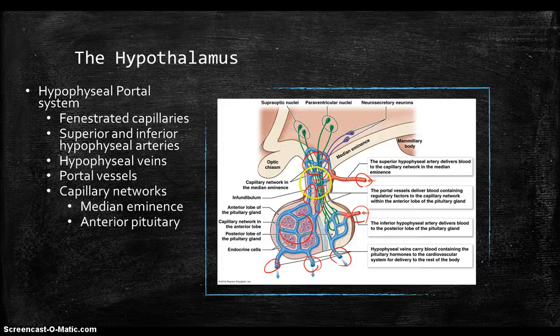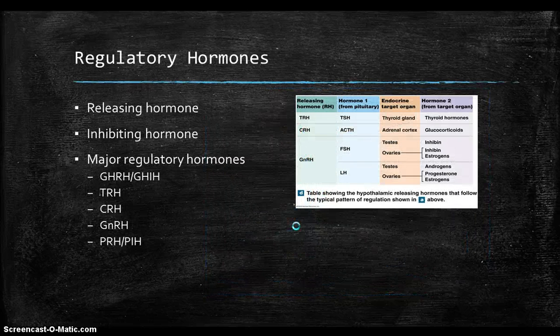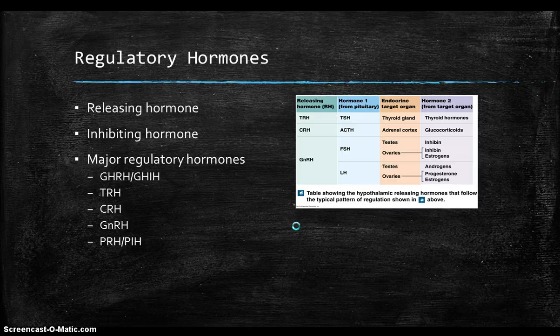One of them is in the median eminence here, the other is in the anterior pituitary here. Releasing hormones are going to stimulate the release of another hormone from the pituitary. An inhibiting hormone is going to do the exact opposite. It's going to prevent the release.